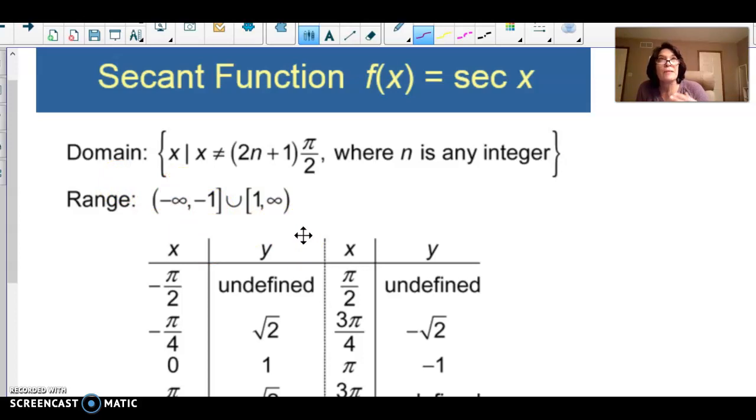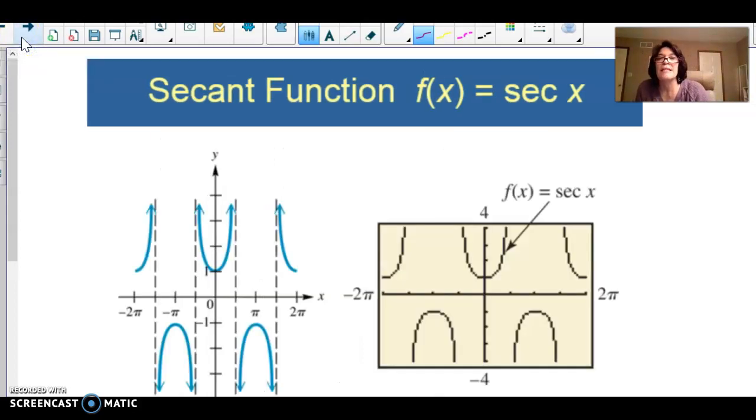Since cosine stays between negative 1 and 1 the whole time, secant, because we flip it, will go from 1 to infinity for the parabolas opening up, and from negative 1 to negative infinity for the parabolas opening down.